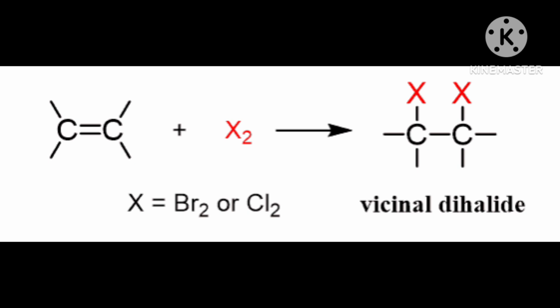Both positions are possible, hence it will give a mixture of two: ortho halotoluene, where halo means halogen and X is the halogen, and para halotoluene. The ortho and para isomers can be easily separated. How?